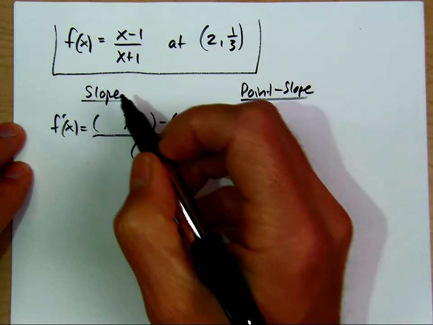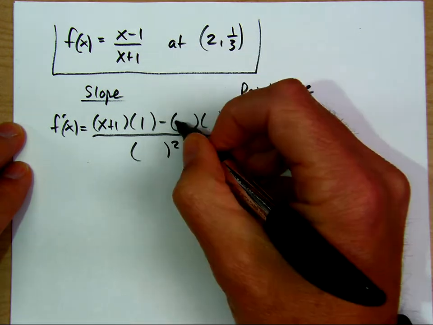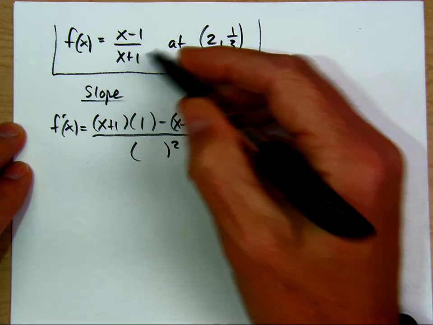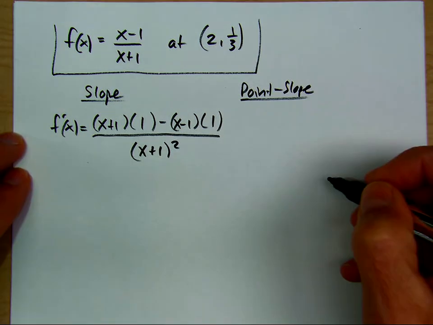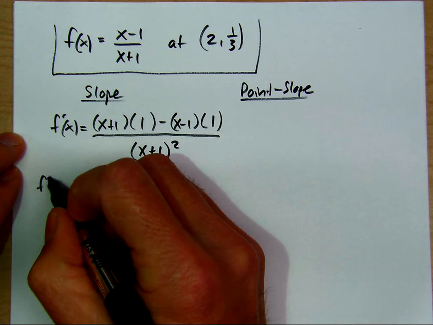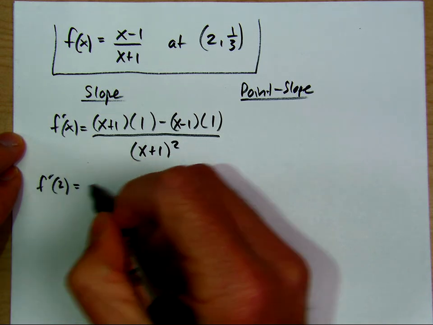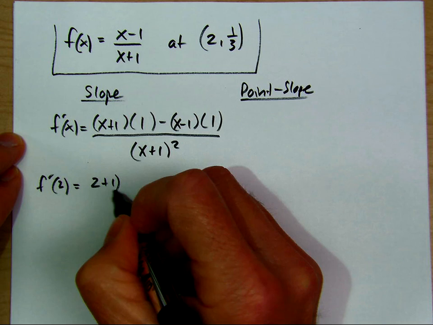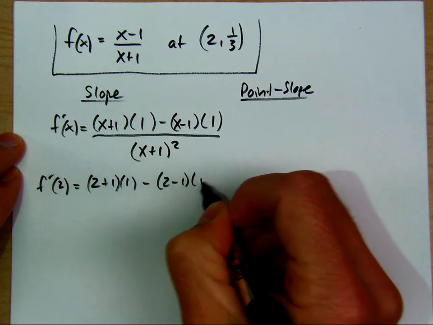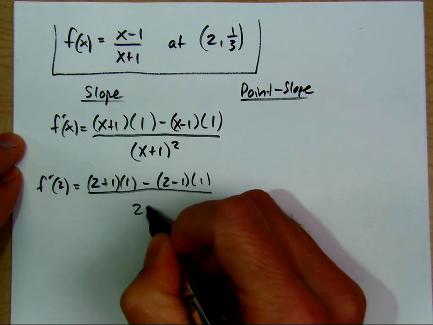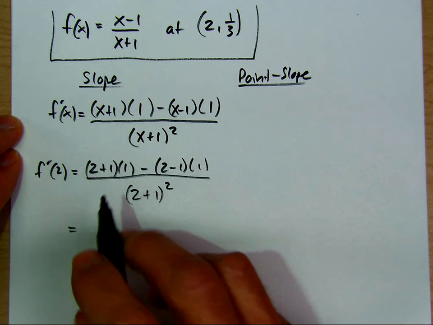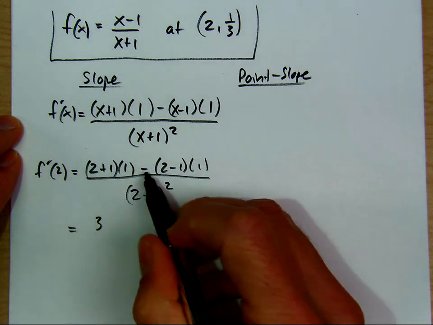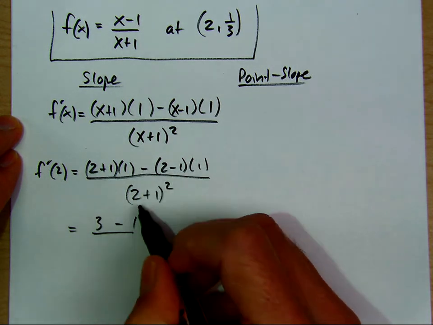So we have the denominator times the derivative of the numerator minus the numerator times the derivative of the denominator over the denominator squared. And let's just evaluate it at 2. 2 plus 1 times 1, 2 minus 1 times 1, 2 plus 1 squared. 3 minus 1 over 9.